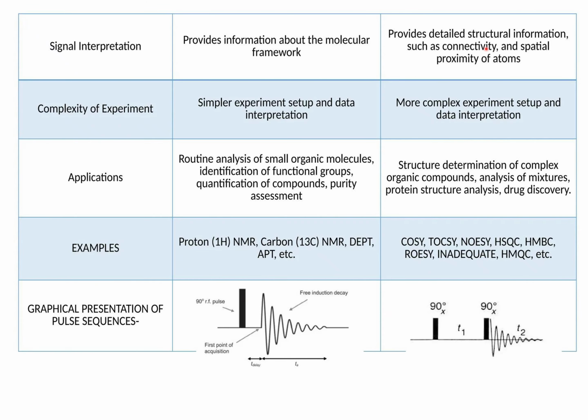The signal interpretation is very detailed for 2D. The equipment setup is also complex for 2D. Applications would be in analysis of mixtures or protein structure in drug discovery. Examples would be COSY, TOCSY, NOESY, HSQC, HMBC, ROESY, INADEQUATE, HMQC, and the spectrum would look like that.